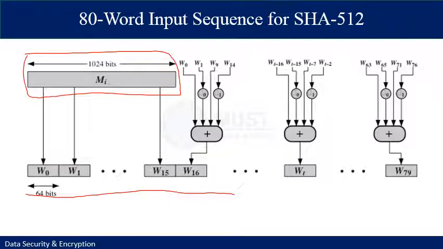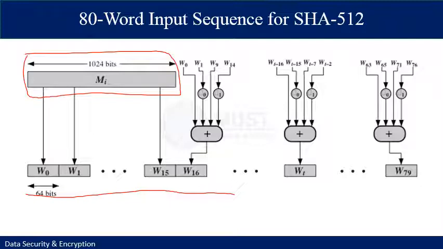For the remaining 64 steps, the value of the word consists of the circular left shift by 1 bit of the XOR of 4 of the preceding values of the words, with two of those values subjected to shift and rotate operations.